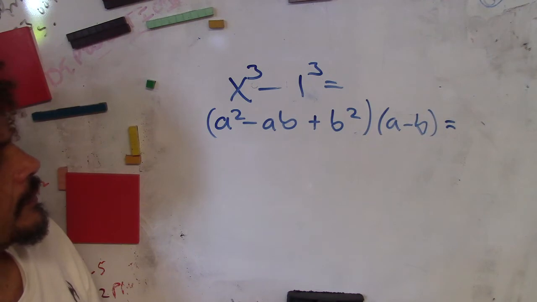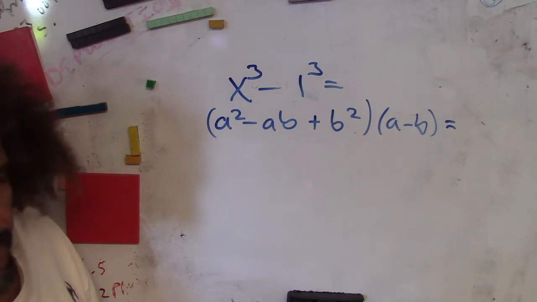You gave me x squared minus 1. We did x cubed minus 1, x cubed minus 8, x cubed minus 27. All of those. Where are they?